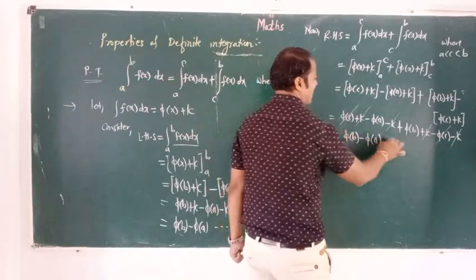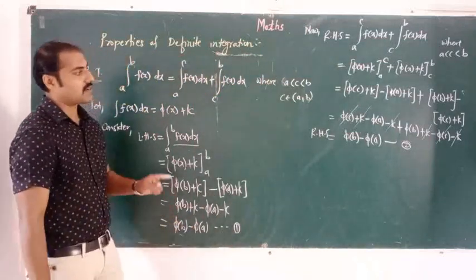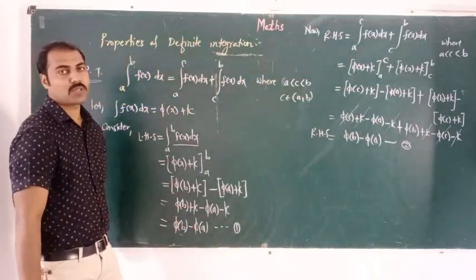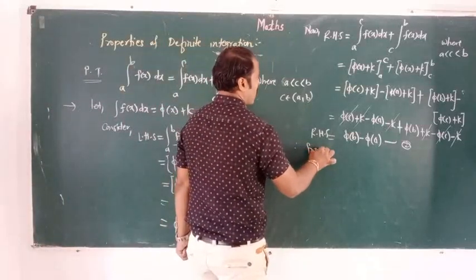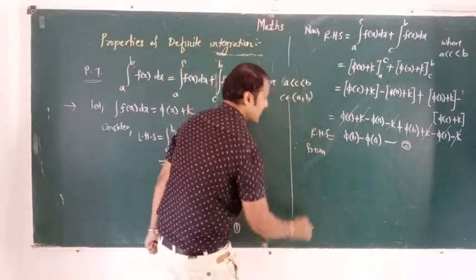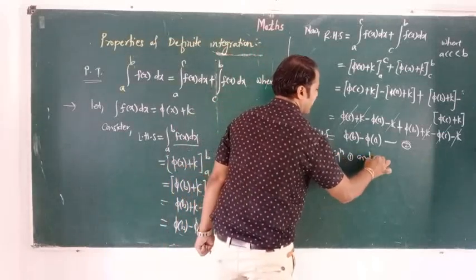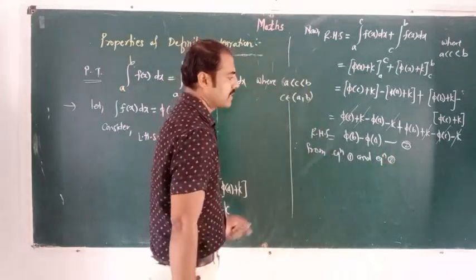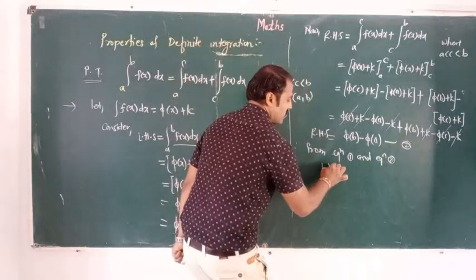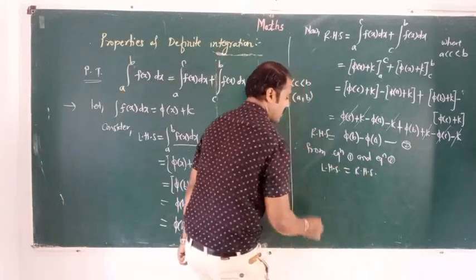This is our equation number second. From equation first and equation second, RHS of both the equations are same. Hence we say that from equation first and equation second, LHS is equal to RHS.